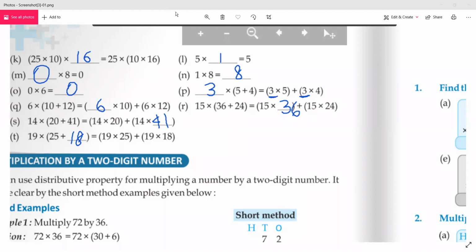If you completed this page, please raise your hand.